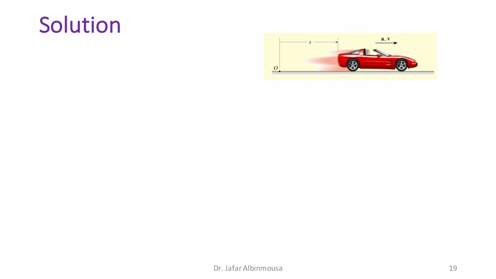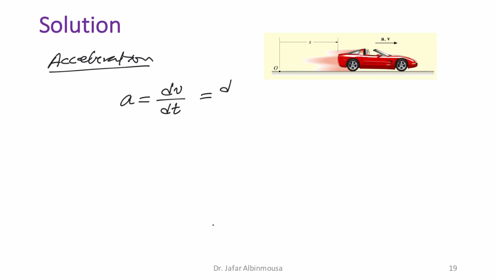Now we move to the acceleration. For the acceleration, we can use the same principle. a is equal to dv over dt, which is equal to d over dt of 3t squared plus 2t.